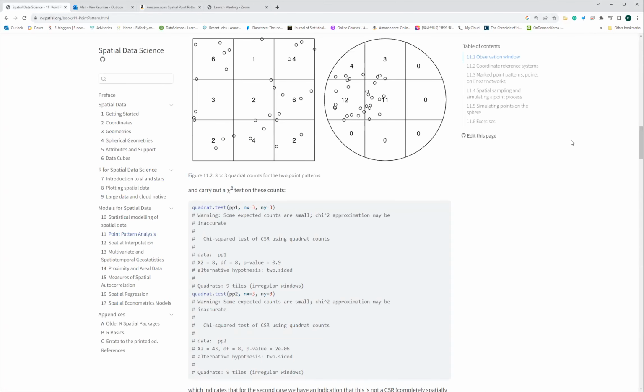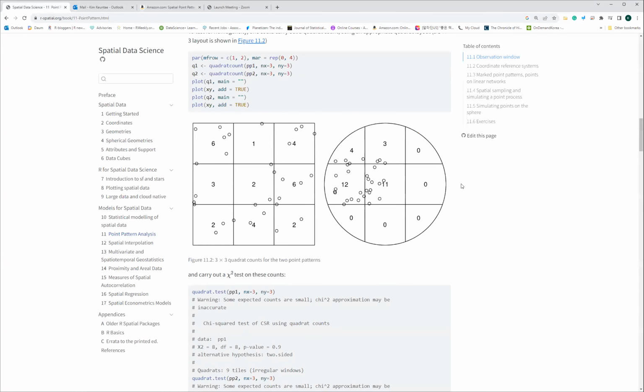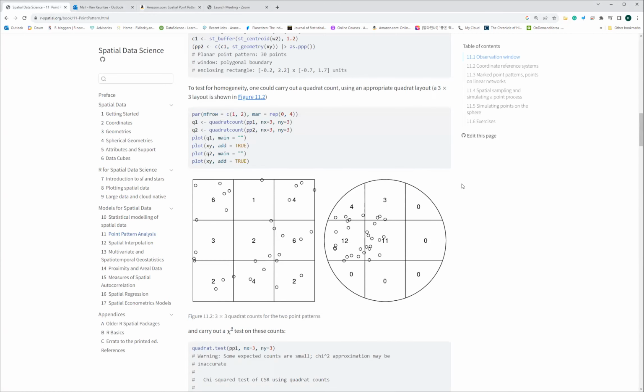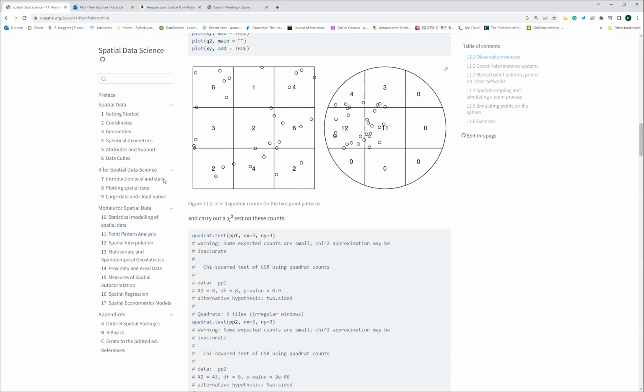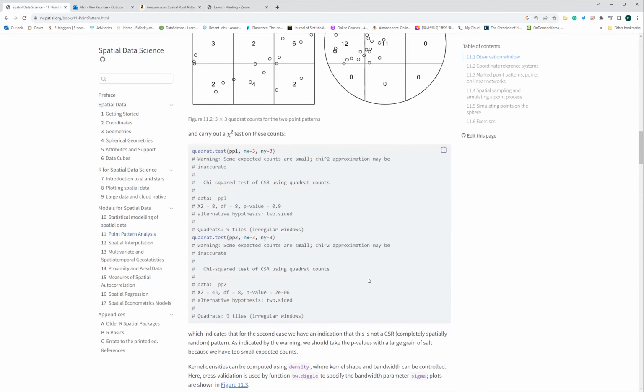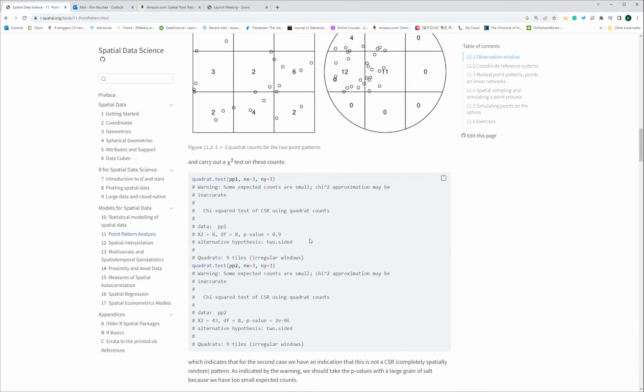Sorry about this, I don't know why my internet is unstable right now. Did you hear the quadrat count part and then the chi-test? Oh, okay. So I'm gonna restart the chi-test part.